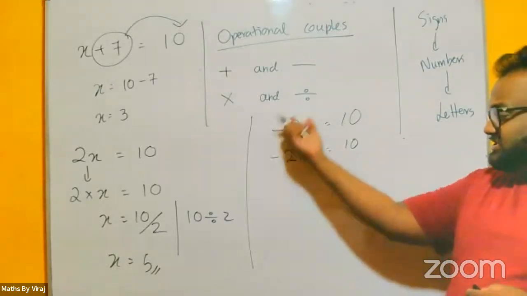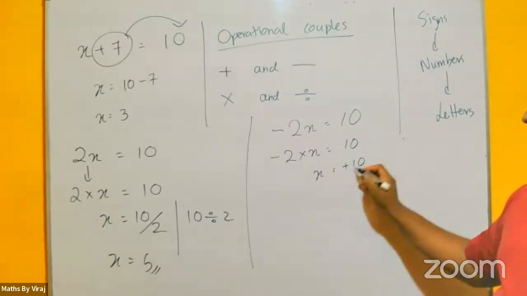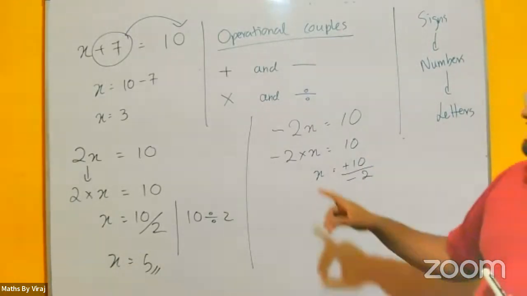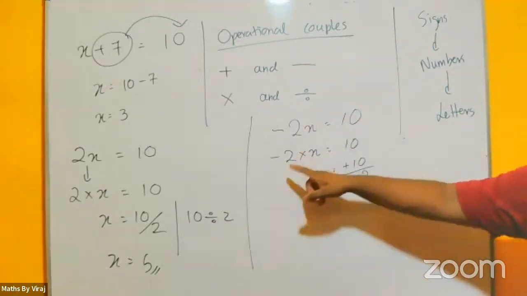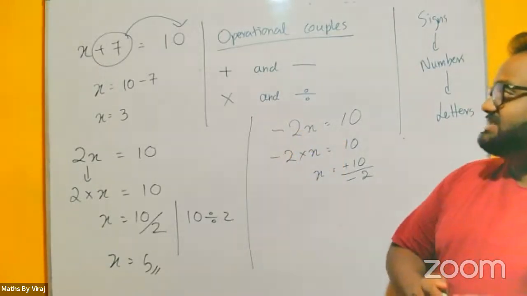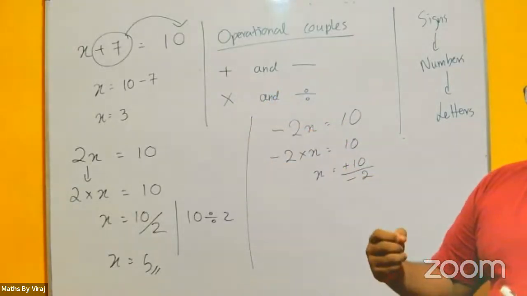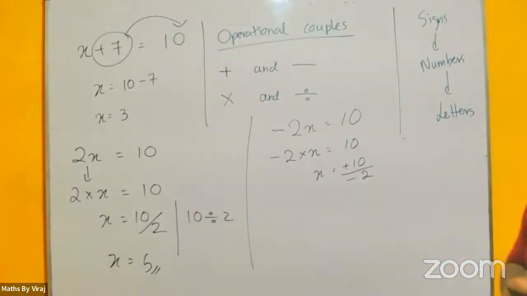Therefore, when this minus 2 goes to the other side, it is plus 10 divided by minus 2. We should understand that it is not the plus or the minus, or in fact the sign, that is changing. No, sign never changes. It is the operational couple or the operational symbol that changes when it goes from one place to the other across the equal sign.